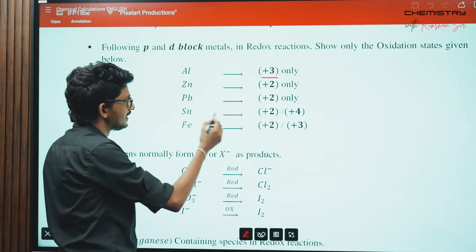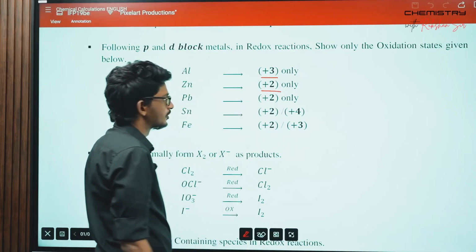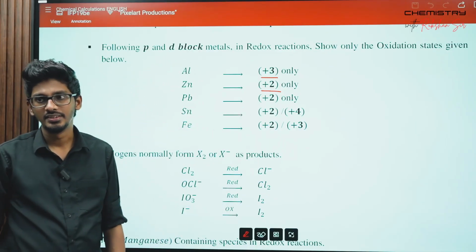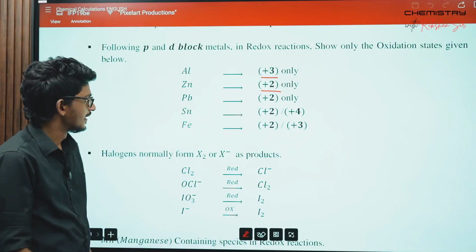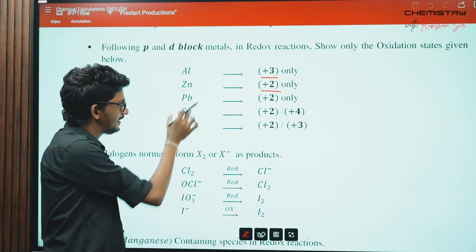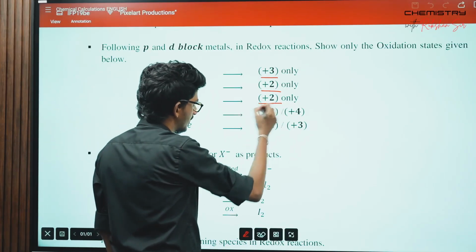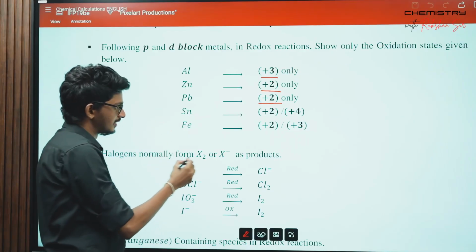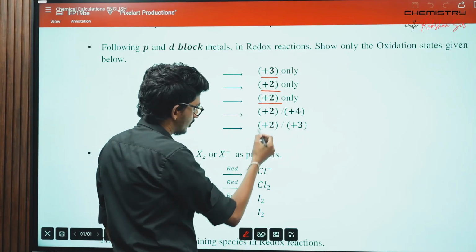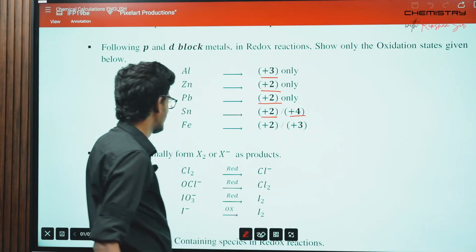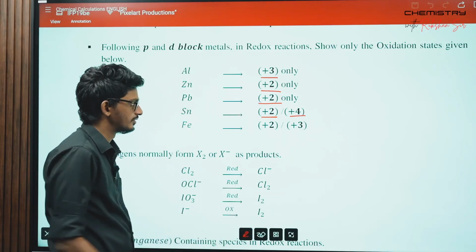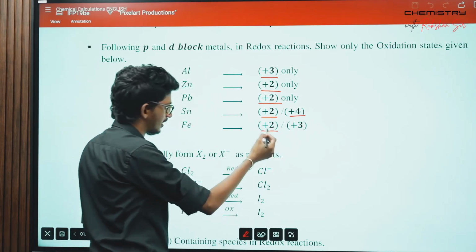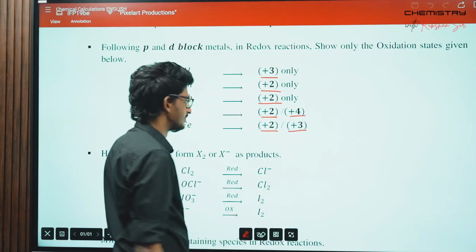Zinc will show only the +2 oxidation state other than 0. Lead shows only the +2 in these redox reactions. Tin could show +2 as well as +4. Iron could show +2 and +3 as well.